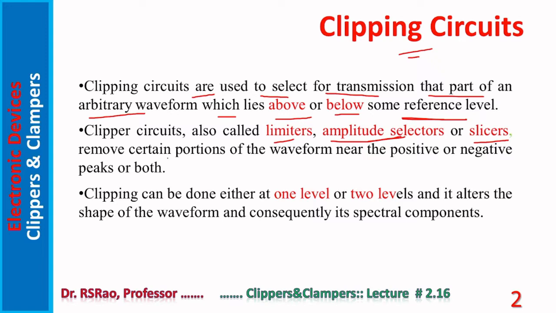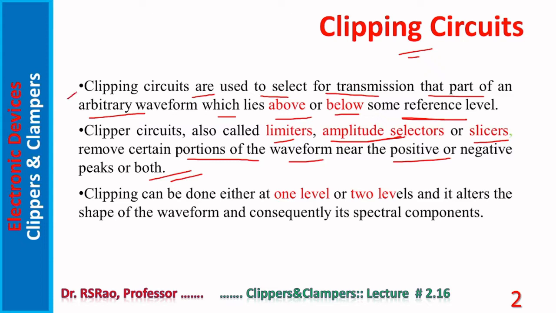Essentially, they remove certain portions of the waveform near the positive or negative peaks or both, allowing a part of the waveform to pass through, meaning removal of the remaining part of the waveform.